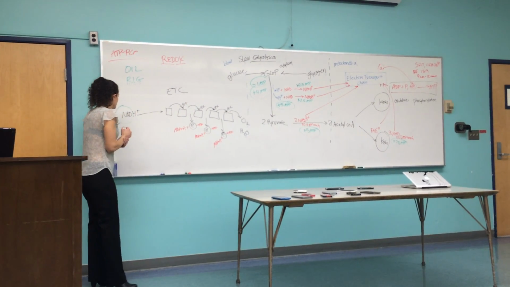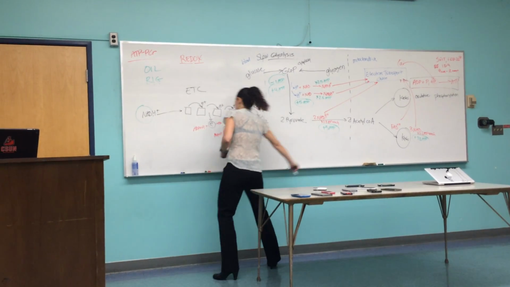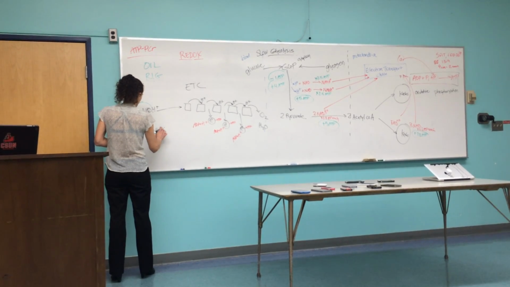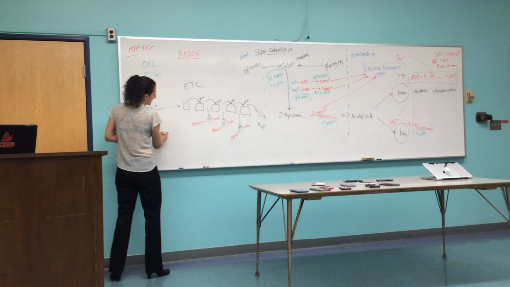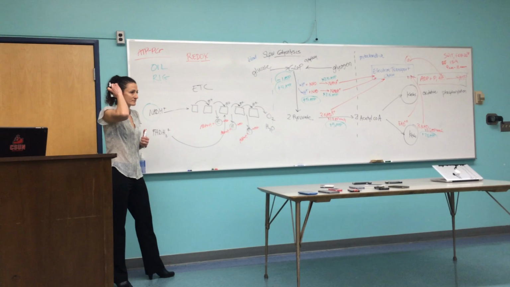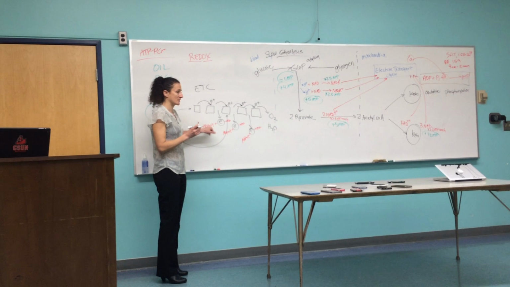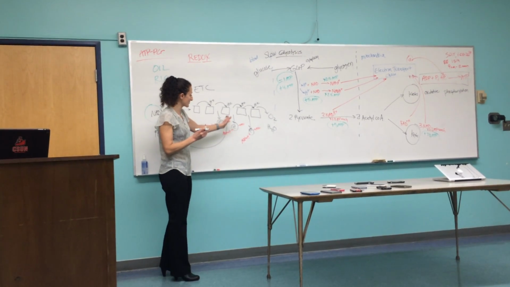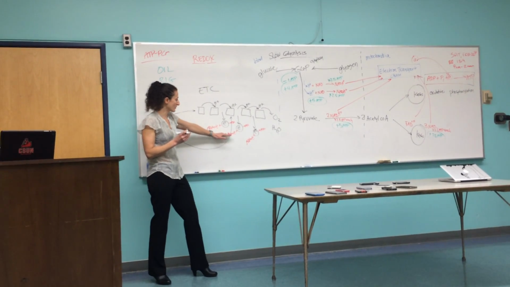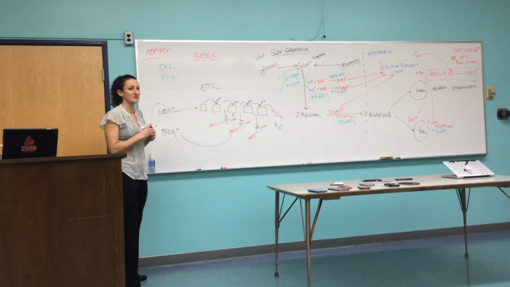But the difference is when you have an FAD, the hydrogen joins the chain later. It's going to join the chain here, which means it's not going to produce as much ATP because it skipped over this first one. And it joined this cytochrome chain after this first ATP would normally be produced. So the FAD is going to produce less ATP than the NAD. It's entering the chain later.